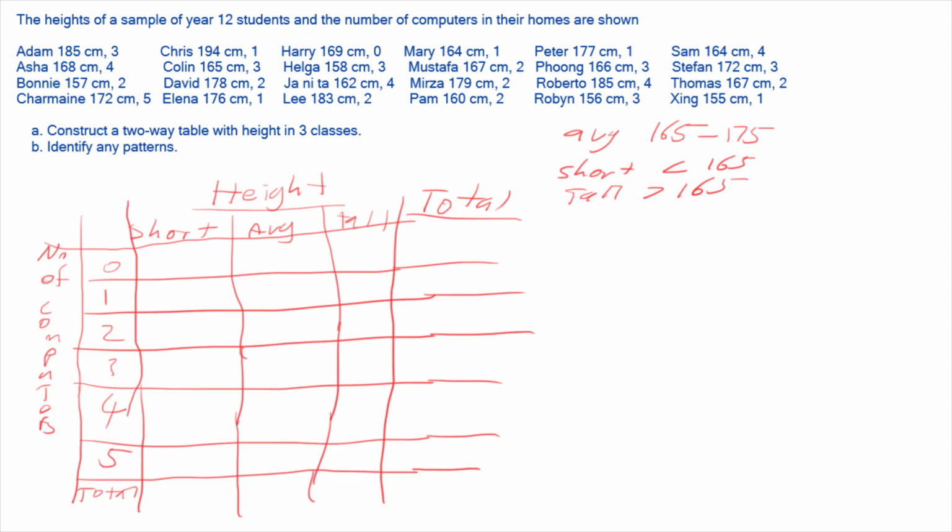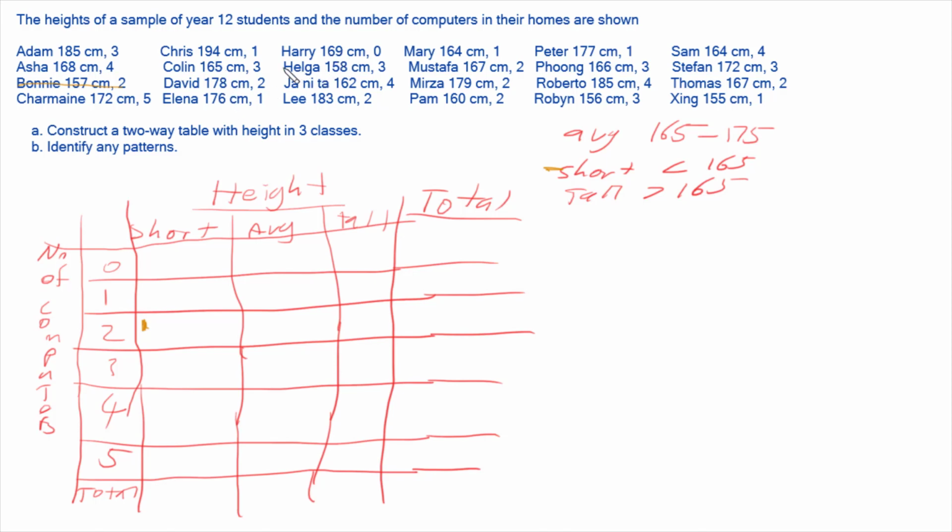So what we need to do now is go through and work out all of our information. So we'll go through and we'll have a look first at all of our short people, so anyone who's less than 165, and count how many computers they have. So we got Bonnie, who's got 2, so I'll put a tally there for short and 2, and I'll cross Bonnie out. I've got Colin, who is exactly 165, so he still sits in average.